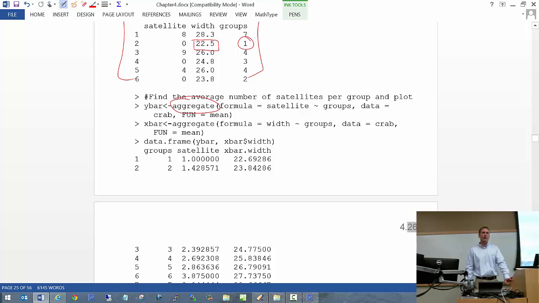Remember the aggregate function? So we can say aggregate satellite by my groups that I just created, and for each group I want to apply the function mean. Also, for my widths, aggregate by groups, where I'm going to apply the function mean again.